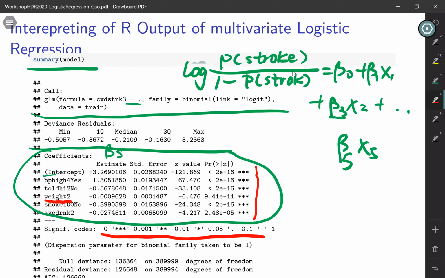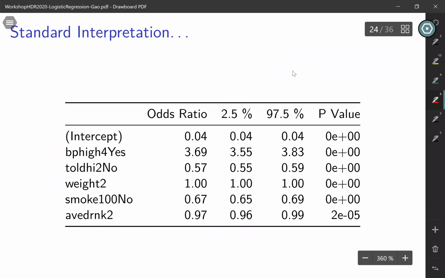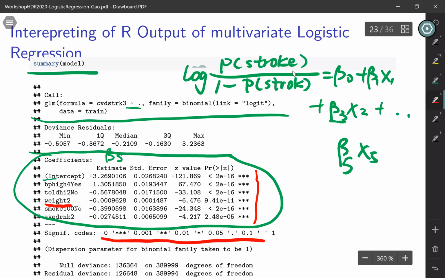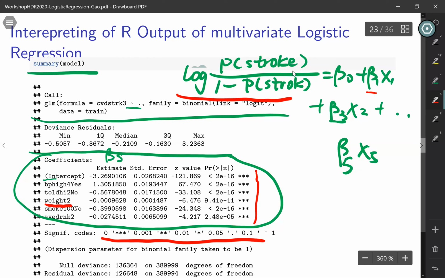So what can we do? We can take the anti-logarithm, so we exponentiate each of those numbers. If you want to interpret those betas, you have to say that if I increase, for example, x3 by 1 pound, how much change is there in the log odds?